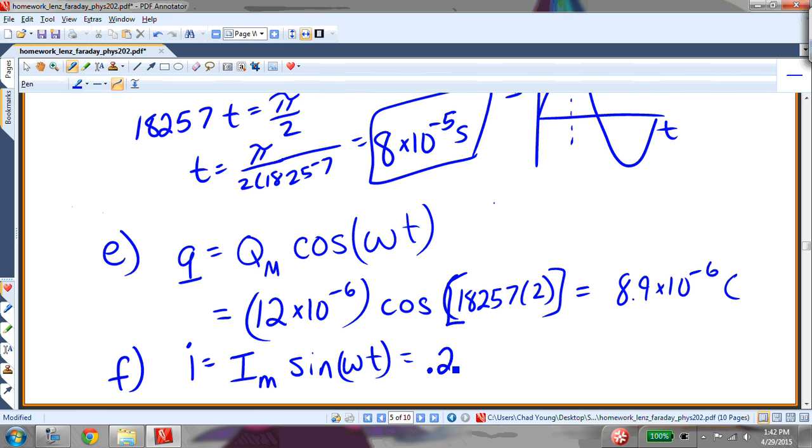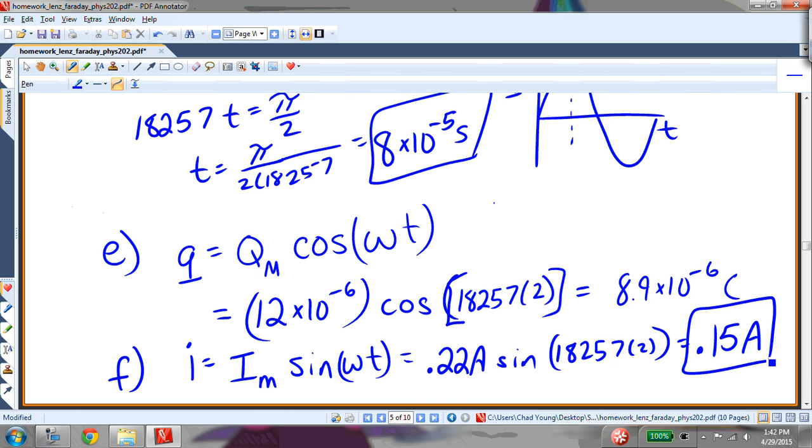So it's going to be 0.22 amps times sine of that 18,257 times 2. I get 0.15 amps. So that's my current at 2 seconds, and I'm just using this function.